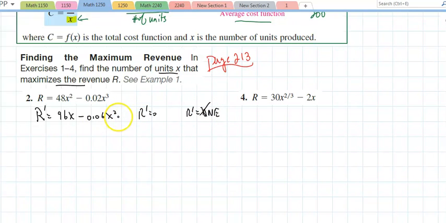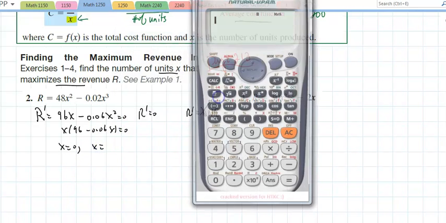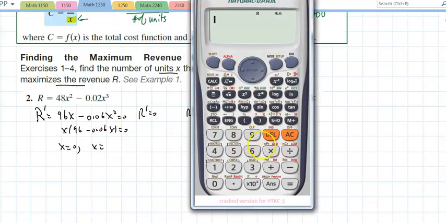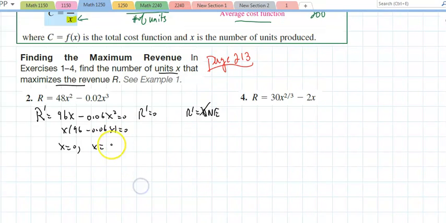If I set this equal to 0, wouldn't that be x times 96 minus 0.06x equals 0? That means x equals 0, or x equals, and I have a calculator, I'll get that out, make use of it, 96 divided by 0.06, 1600.